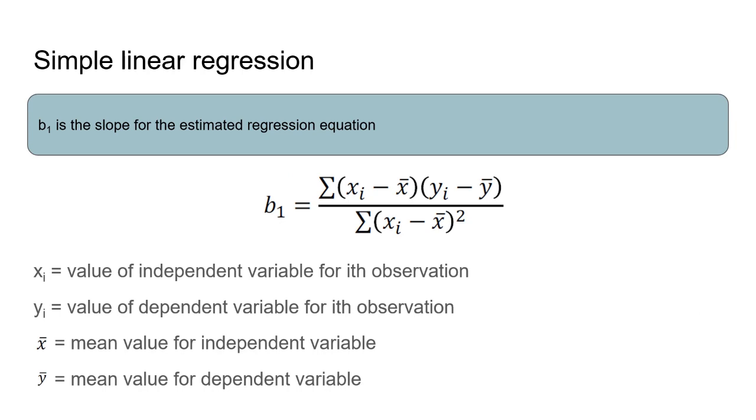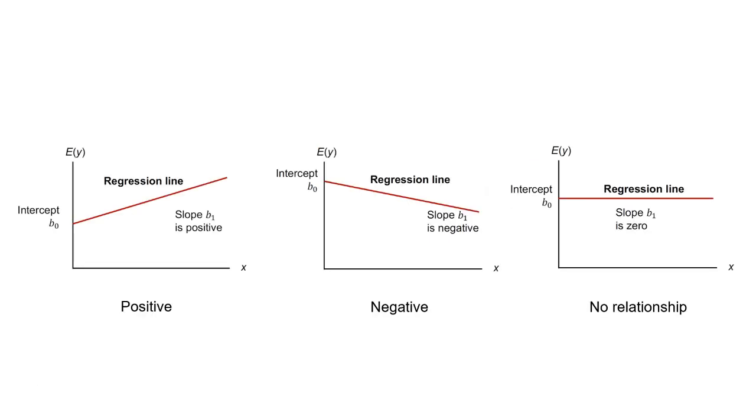Now let's look at the slope, b1. This one is a little bit more involved, and we will look at it in just a minute. So first, let's look at what a regression line looks like when it's finished. So here we have 3 possibilities.